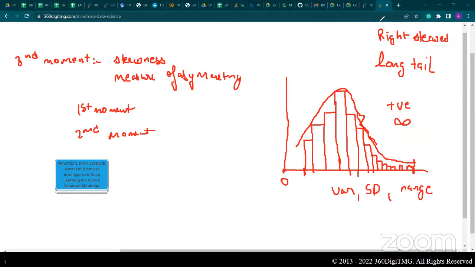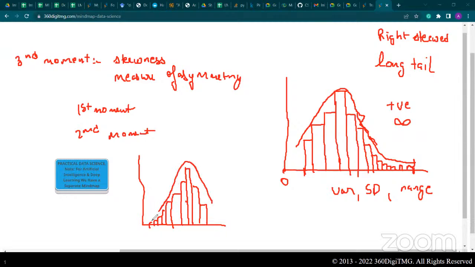All right. Similarly, if we draw another histogram here, and here the long tail is moving towards negative infinity, or it is moving towards the origin.